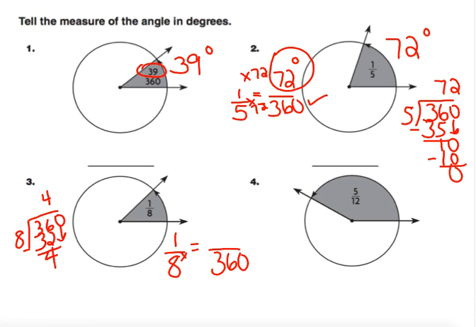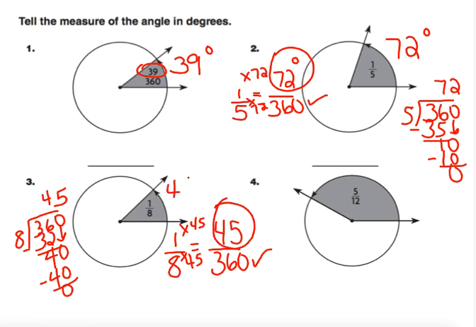Subtract, bring it down. 8 goes into 40. 5 times 8 is 40. Subtract. So it's 45. So it's 8 times 45. Then I multiply the numerator by 45 and I get 45. So again, over 360, the numerator answers it, a 45-degree angle. That's a 45-degree angle, which is half of a 90-degree angle, actually.